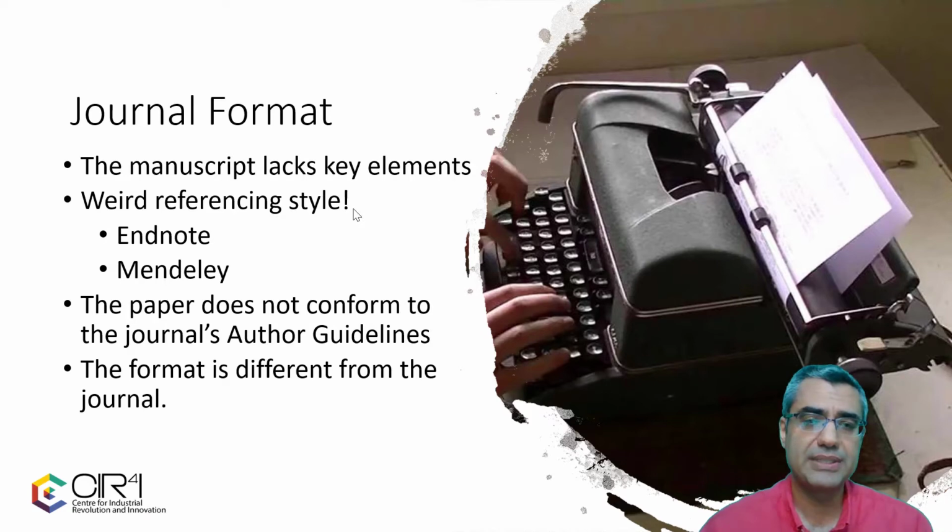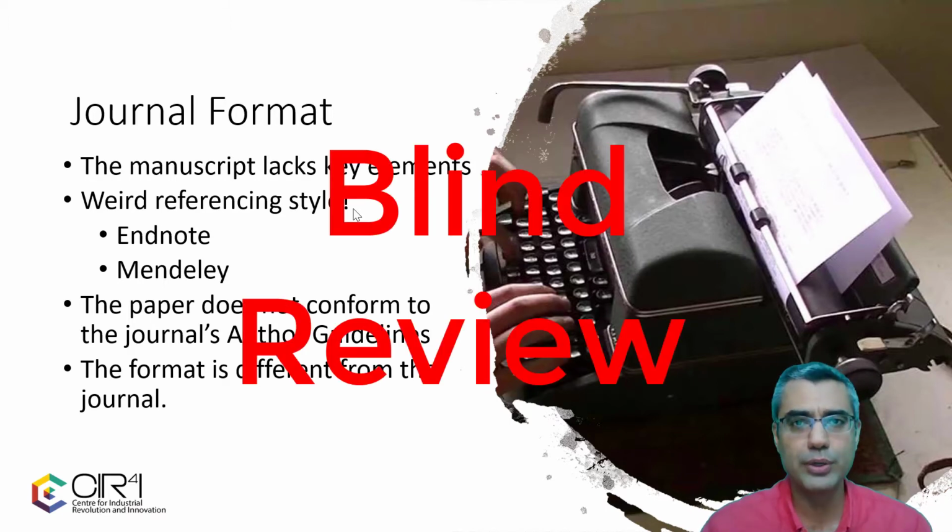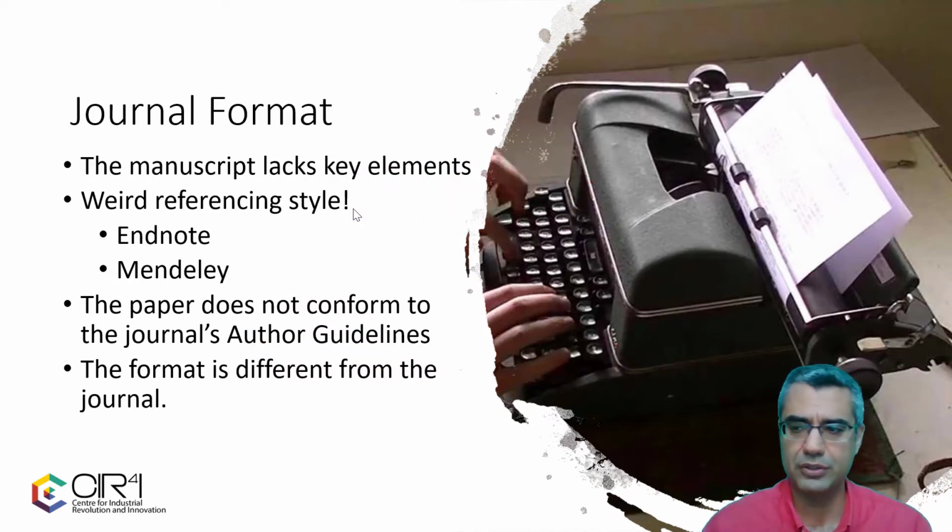Or for example, recently I see that some authors, when they submit their papers, include their names in the manuscript. We cannot send this paper for review because it's supposed to be blind review. It means the reviewers are not supposed to know who has written the paper. There are different types of reviews, but for my journal, and most of the journals, the requirement is that the author should not include their names in any part of the manuscript, right?